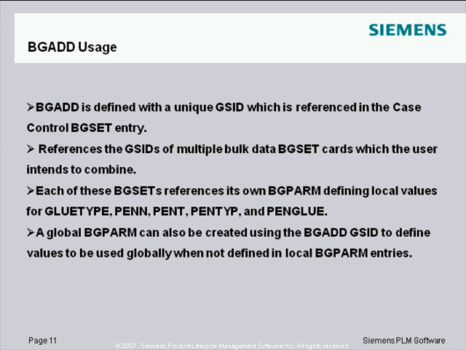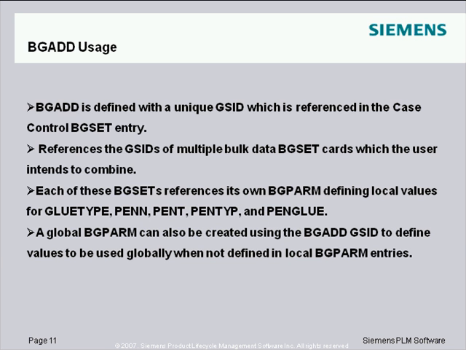Each of these BG sets then have their own BG Parm cards where they can define local values for a number of the properties. The glue type, the penalty factors, and what type of penalty factor. And then, in addition, you can have a BG Parm card that references the BG add's glue set ID. So that allows you to have global parameters. So if you've got parameters that are going to be universal to all your sets, you can define those.